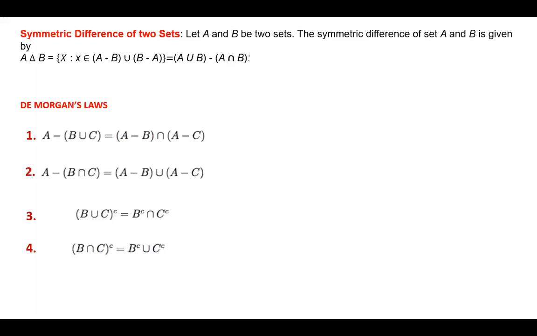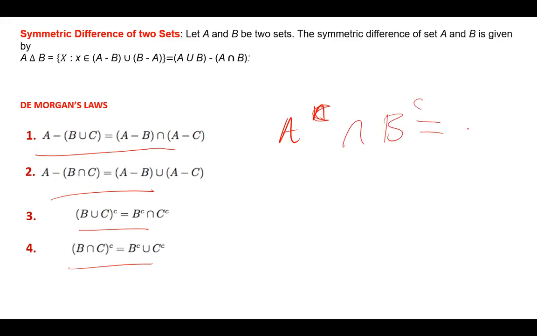Let's look at the other laws. So we looked at the De Morgan's laws, which are here. We looked at these laws here, this one, that one, this one, and that one. So I summarized by saying A complement intersection B complement can also be written as A union B and then the complement outside.